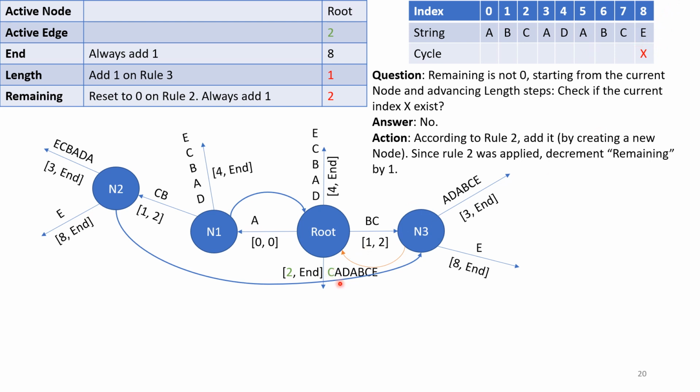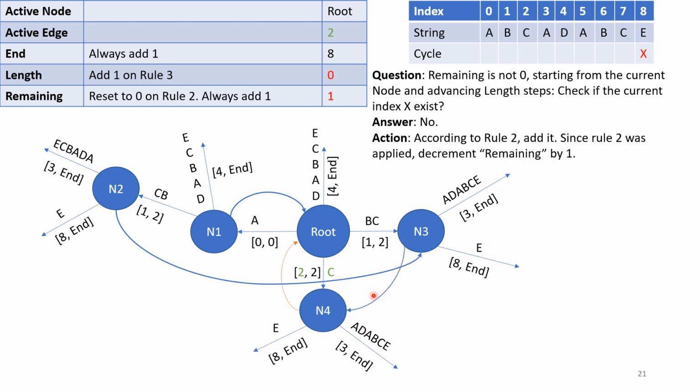Well, the next character is A, so no, we do not have an E, therefore we need to create yet another node down here that is going to split this string, and notice that this edge is going to connect to the new node, just like that. So the edge connected to the new node is pointing to root, as we have done before. We decrement length, we increase active edge, and since we apply rule 2, we decrement remaining to 1.